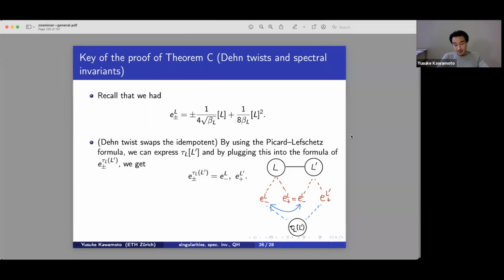Now what the Dehn twist does is this: first you look at the two idempotents produced by L prime. You have two, and one is shared with L. But the Dehn twist coming from the sphere L swaps the shared one to the non-shared one. This is what the Dehn twist does.